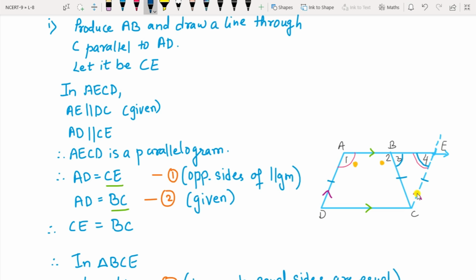Now since it is a parallelogram, opposite sides will be equal. Therefore AE will be equal to CD and AD will be equal to CE. Got it? But it is given in the question that AD is equal to BC. So if AD is equal to CE and AD is equal to BC, therefore these two are also equal, CE equal to CB.